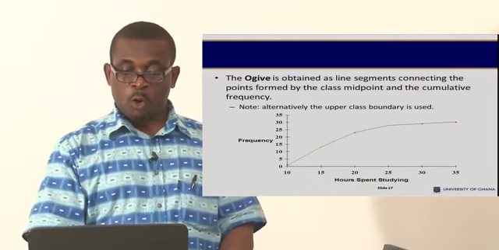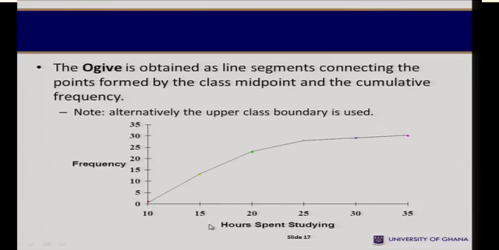Now you can see that on the horizontal axis, you represent the hours of studying, which can be done using the class midpoints or the upper boundaries.